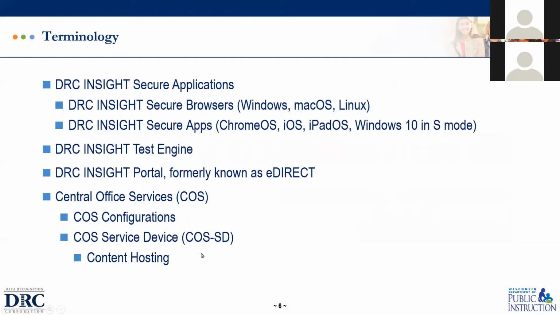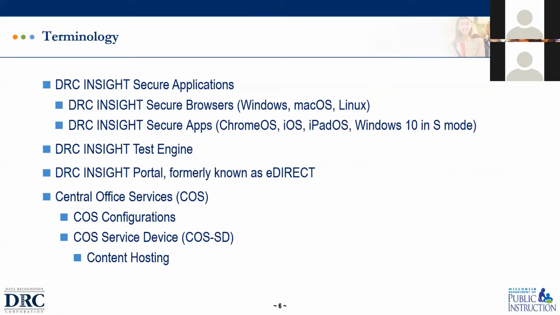From a terminology standpoint, we'll get into what all these things are later on in the presentation, but I want to ground everybody on the terminology I'm going to be using and how we want to refer to things going forward. The first one is the DRC Insight Secure Applications. This is the application that is installed on each testing device to create a secure testing experience. We support two different versions of that.